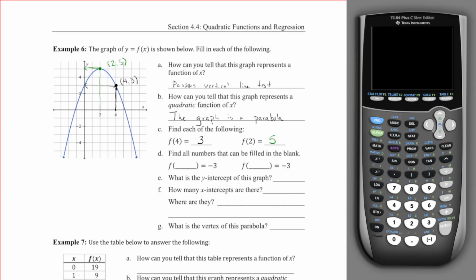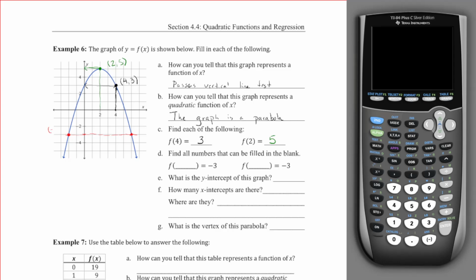If we want to say, what is the number such that f of x is -3? Well, this is interesting, right? So here's the -3 on the y-axis. We have 2 points on this graph whose y-coordinate is -3.